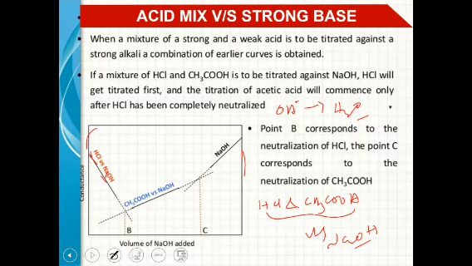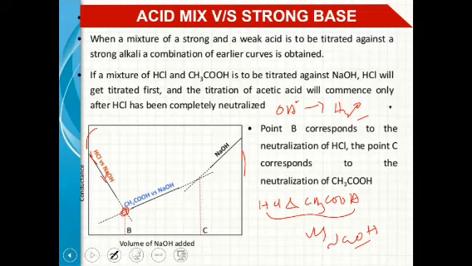conductance. After neutralizing the HCl with the NaOH, there is no further HCl present in the acid mixture. So which one is present in the acid mixture after that? Only the weak acid, that is acetic acid.